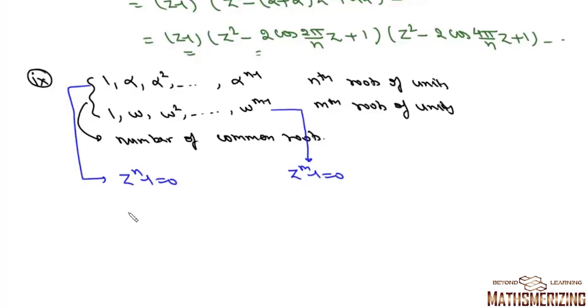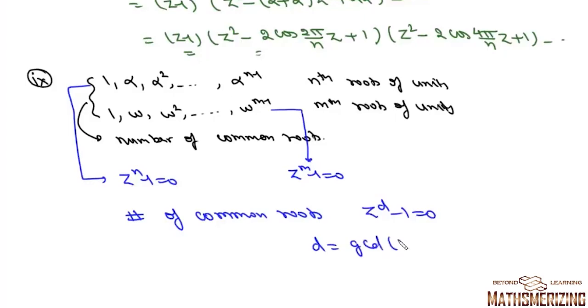Now the number of common roots is given by the equation z to the power d minus 1 equals 0, where this d is GCD of m and n.